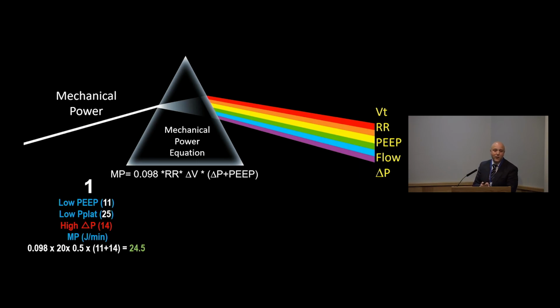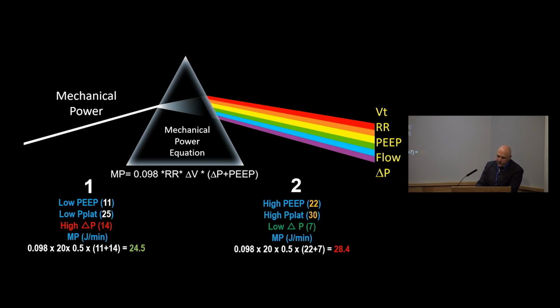We checked the low flow maneuver and there is no airway opening pressure. So this is the true driving pressure: 25 minus 11 is 14. If you take a respiratory rate of 20 and half a liter of tidal volume, you make this calculation, which will give you a mechanical power of 24.5 joules per minute.